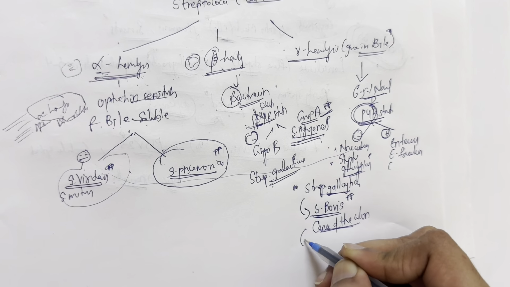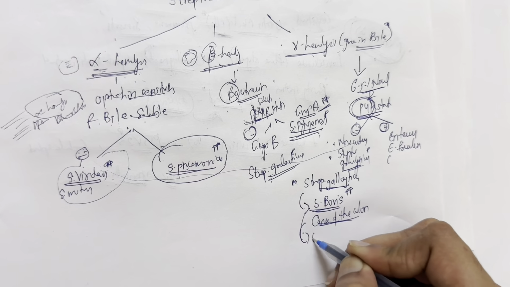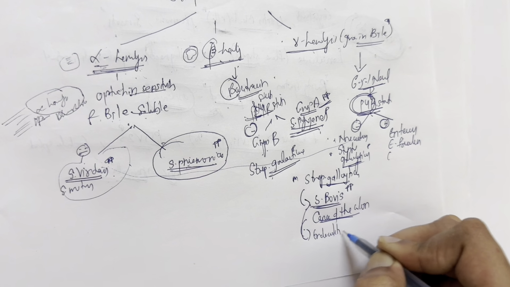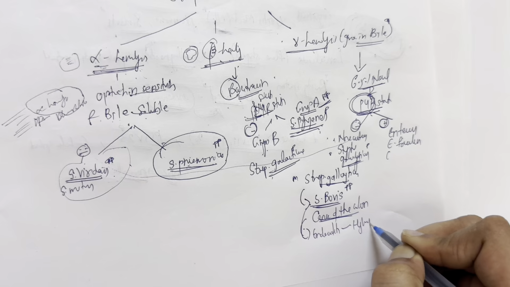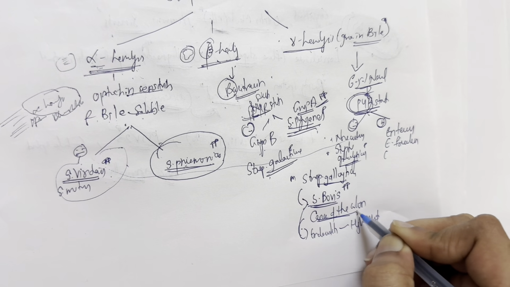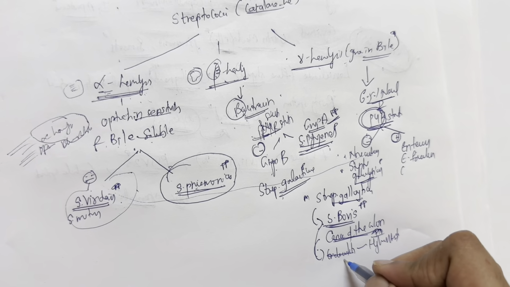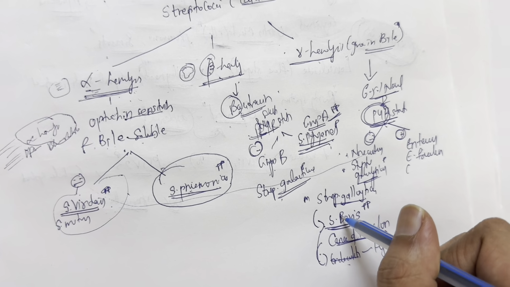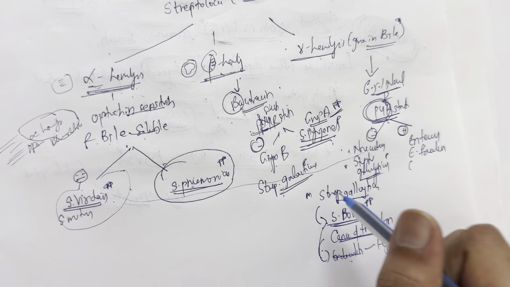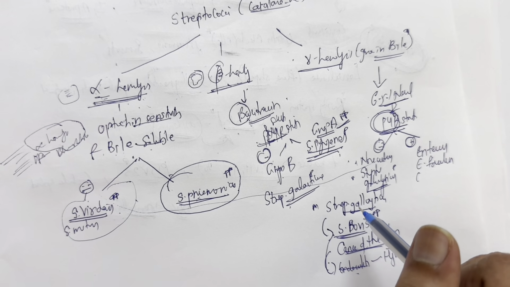Patients who have Strep bovis endocarditis have a higher risk of colon cancer. So if you see a colon cancer patient who had endocarditis and they ask for the organism, think of Strep bovis, which is now Strep gallolyticus.